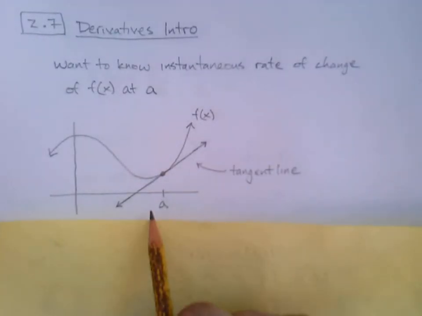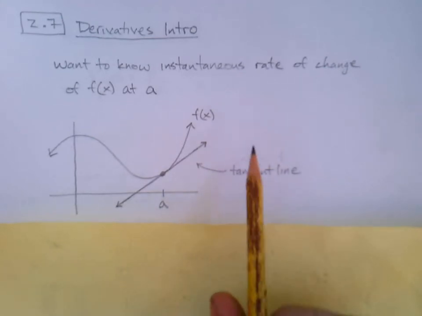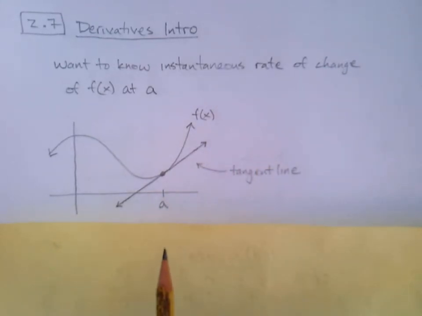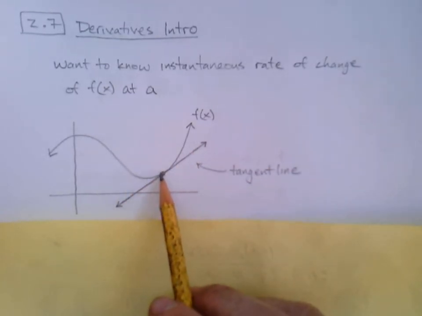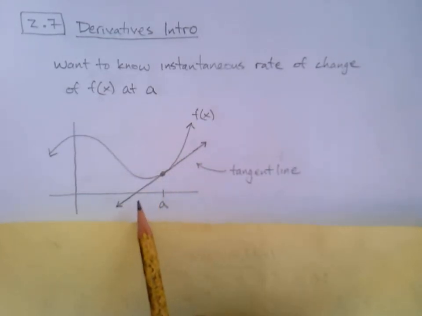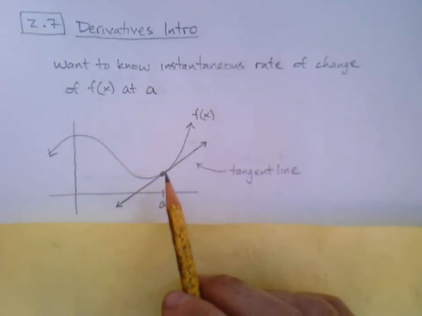So sometimes you hear people say it moves in the same direction as the function does, just grazing by. How does this tangent line help us to know the instantaneous rate of change? So we're really thinking, how fast is f of x increasing right at that moment? Okay, so the tangent line, it's going up, right?